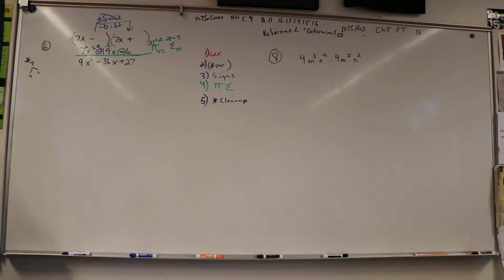How many times does 3 go into 42? 14. There you go. So 3 and 14. And then you look at 6 and 7.